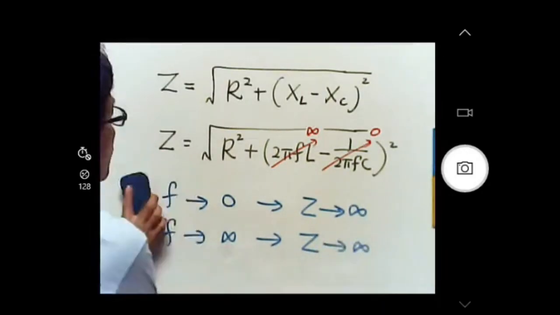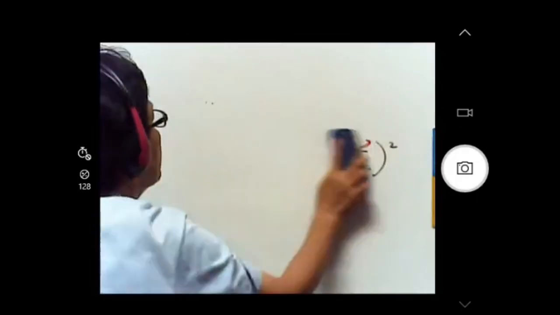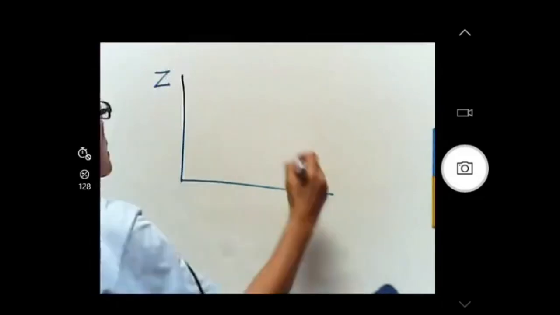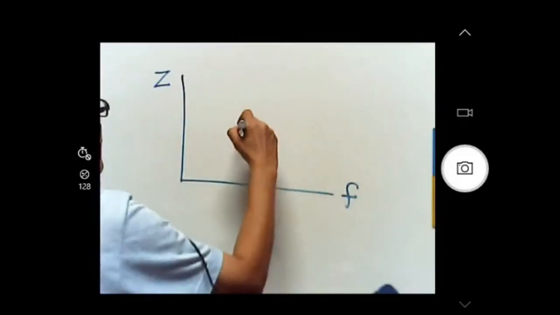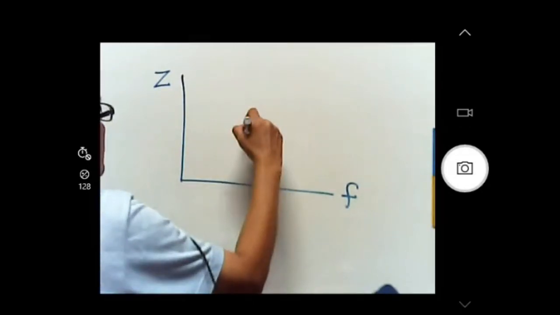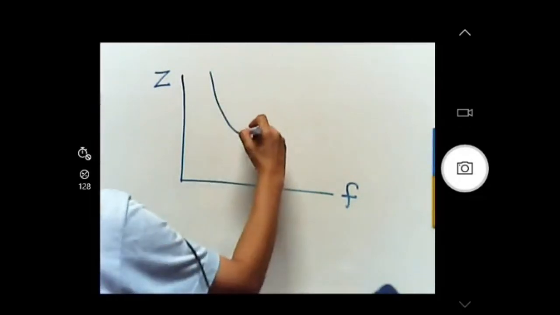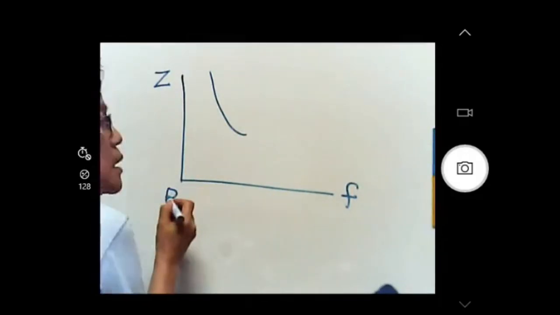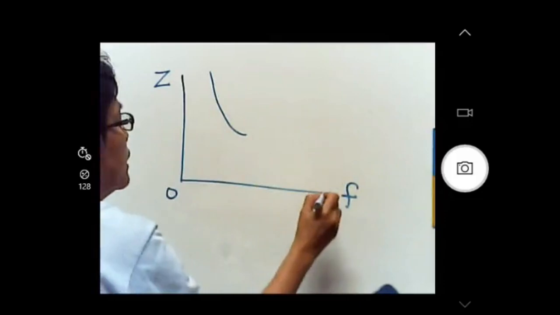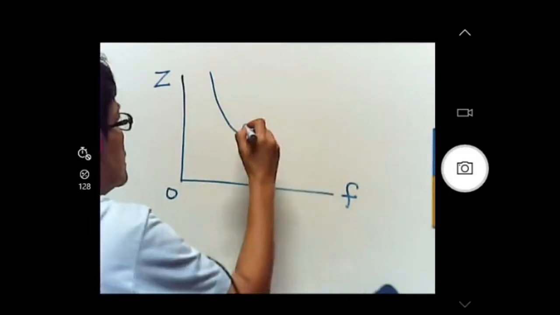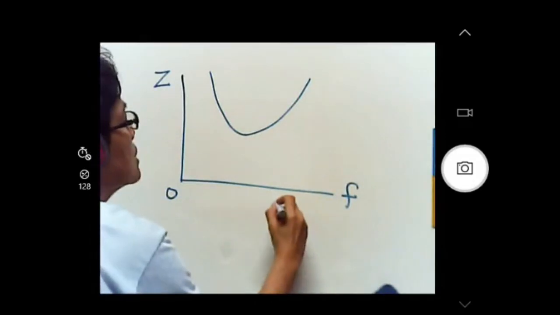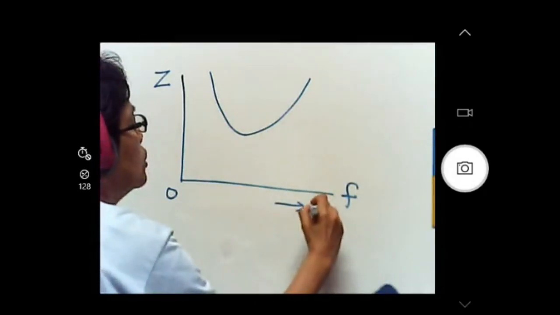So from here, we can sketch a graph of impedance against frequency. You find that the value of Z increases to infinity when the frequency decreases to 0, and the impedance increases to infinity as well when the frequency increases to infinity.